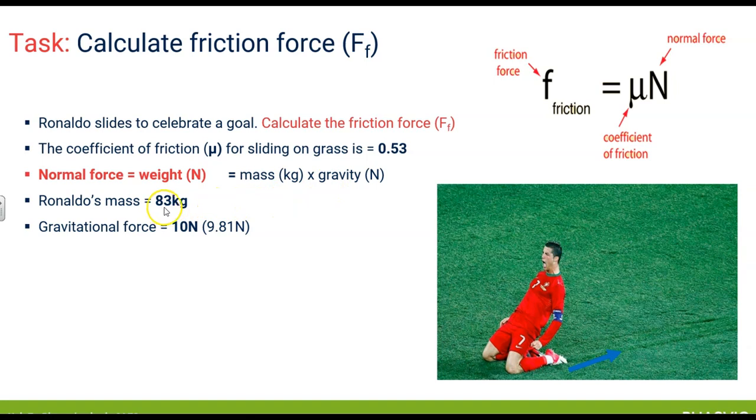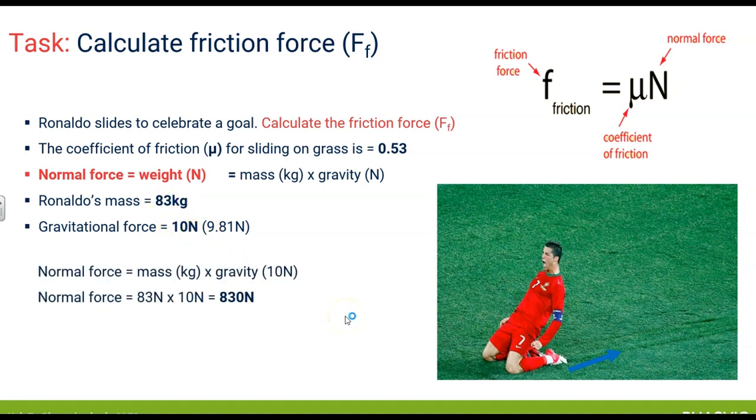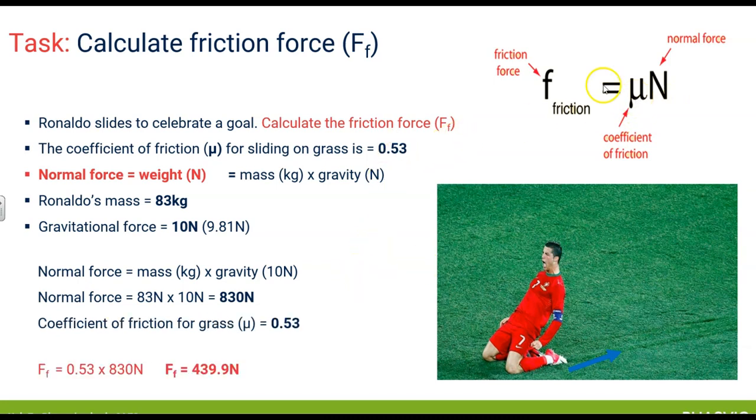Ronaldo's mass is 83 kilograms. For simplicity, let's round gravity up to 10, so we times those two together and get 830 newtons. We now need 830 newtons times the coefficient of friction, which is 0.53, which gives us a friction force of 439.9 newtons between those two surfaces as he slides, and it's that simple.